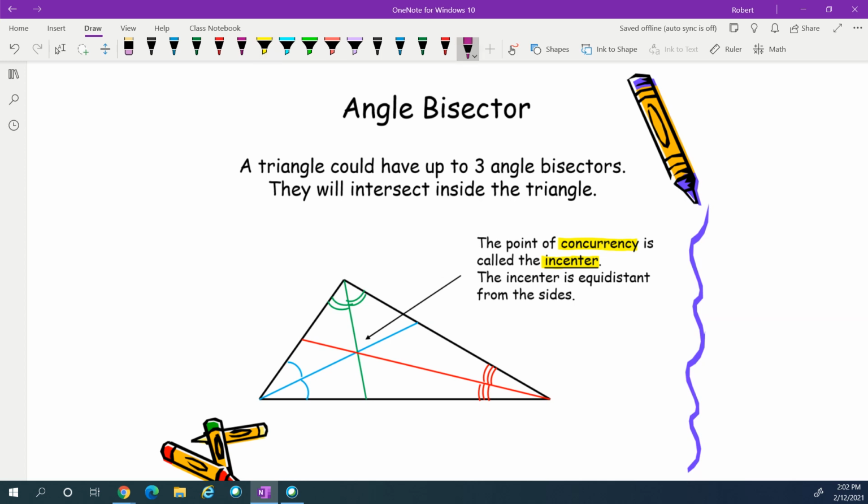Again, the incenter right here, it's the center of a circle drawn inside the triangle. So the distance to the sides has to be all the same. Again, just a little vocabulary to be familiar with. But the idea of an angle bisector has not changed.